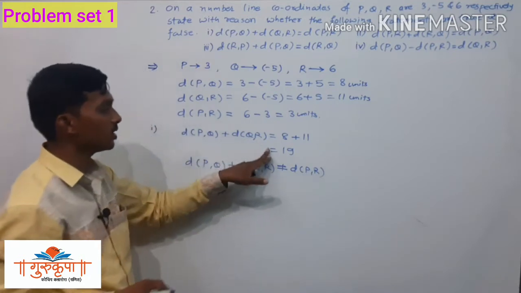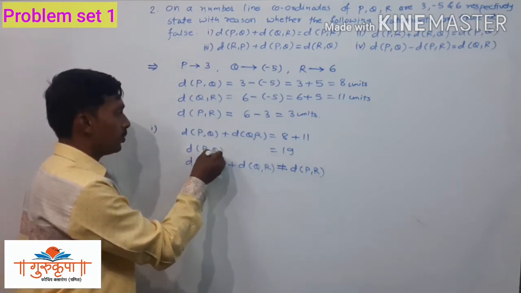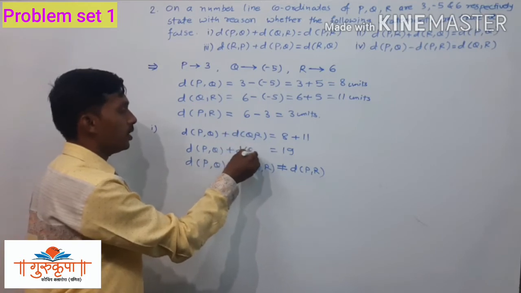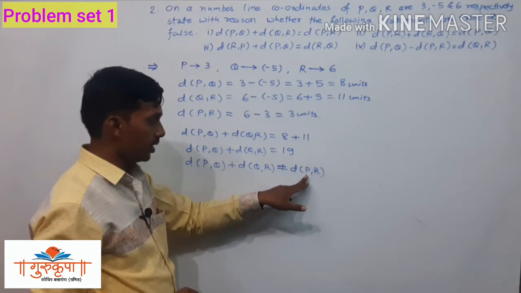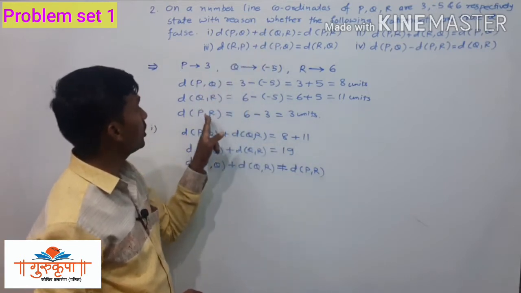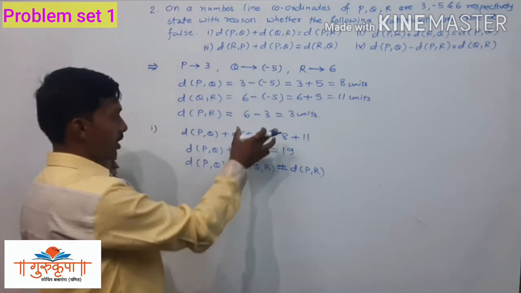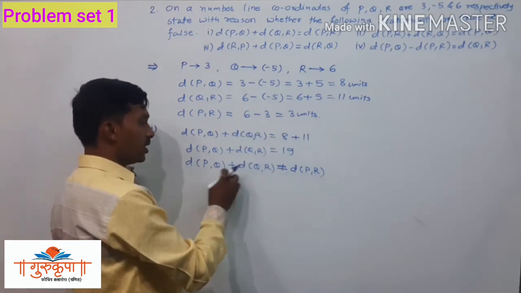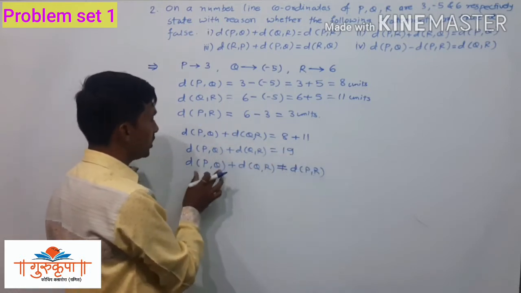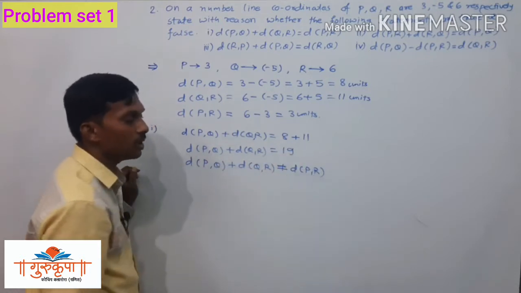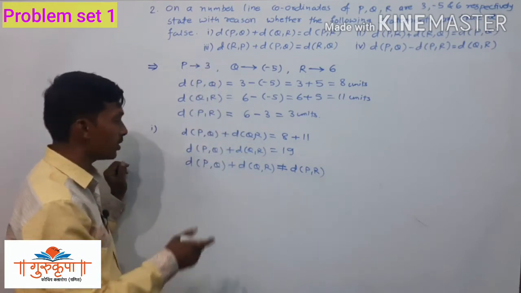Why? Here the reason is there. We get that distance PQ plus distance QR is equal to 19, and according to given information distance PR is 3 units. So it is wrong. So here the reason behind why this statement is wrong: we cannot write that distance PQ plus QR is equal to distance PR, since the given statement is false.